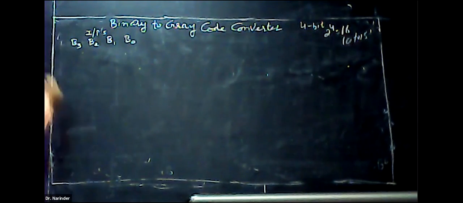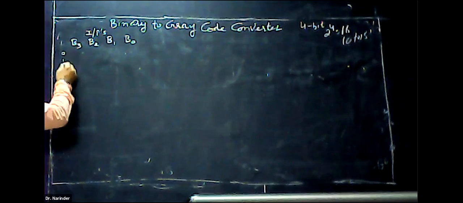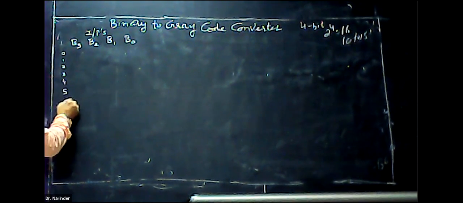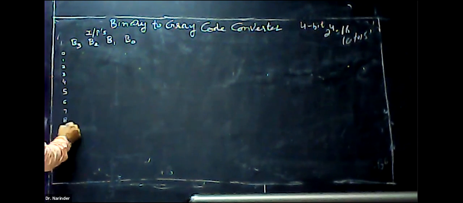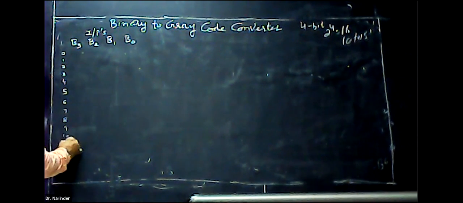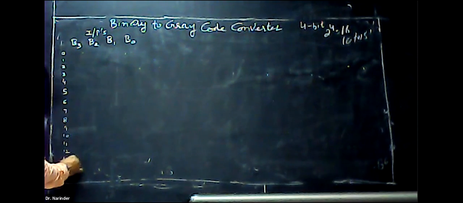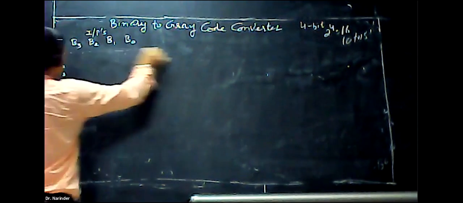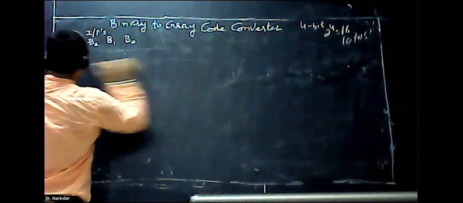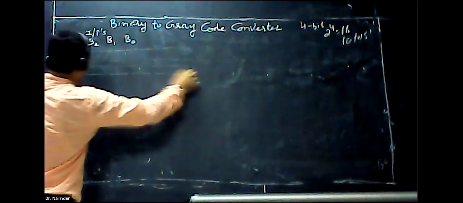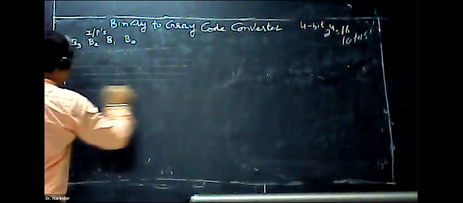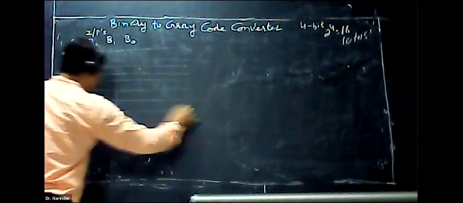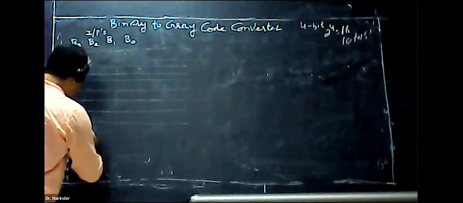You have to number it from 0, 1, 2, 3, 4, 5, 6, 7, 8, 9, 10, 11, 12, 13, 14, 15. These are the decimal numbers. We should write their equivalent binary numbers.